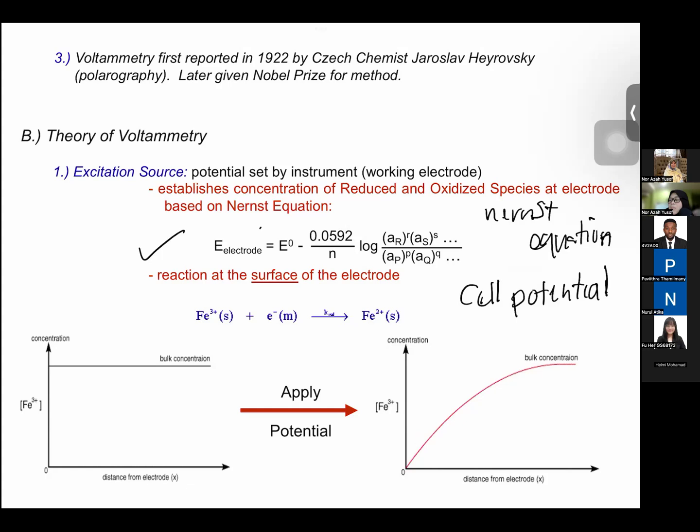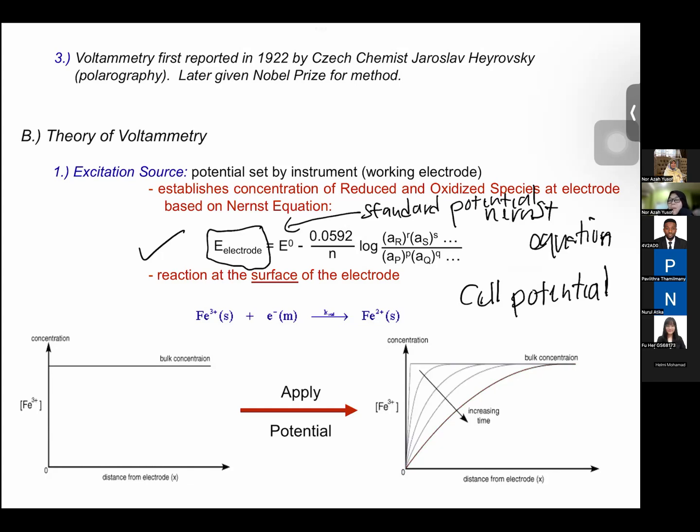Okay, so this is the Nernst equation. You can see this is referring to the working electrode, and this is what we call the standard potential. What is standard potential? I hope that you have at least understood it during your reading this week.